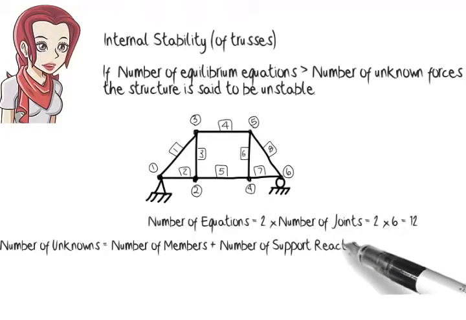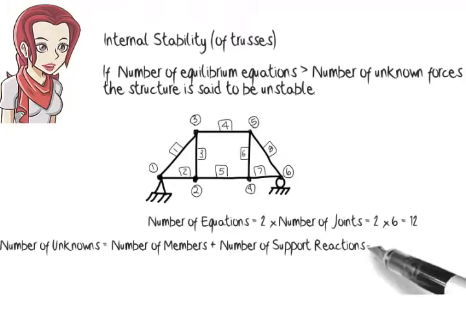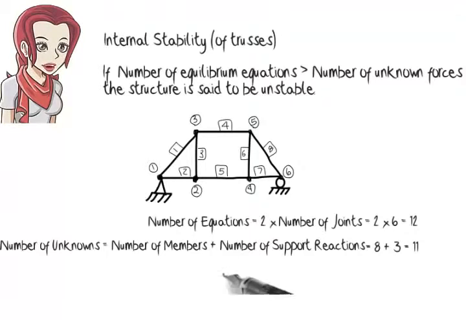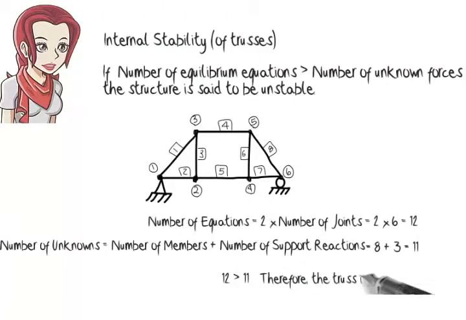Here, we have 8 plus 3, or 11 unknowns. Since the number of equations turns out to be greater than the number of unknowns, then we conclude that the truss is unstable. This counting technique, however, does not work in all cases.